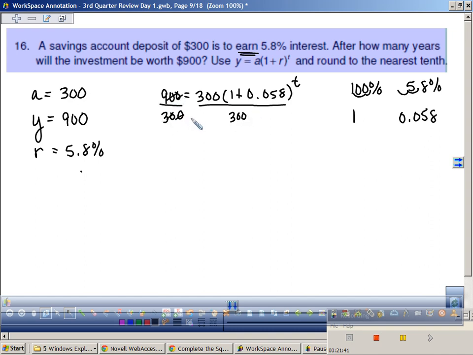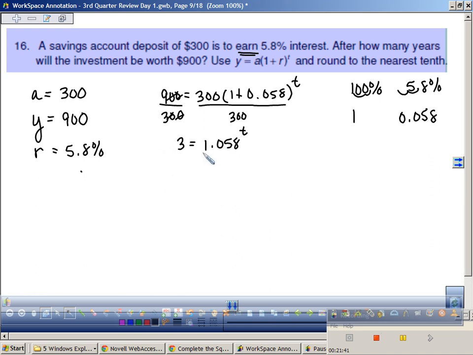These cancel. I get 3 equals 1.058 to the c. Now what do? Take a log of both sides. Couldn't I just turn it into logarithmic form? And the same thing?